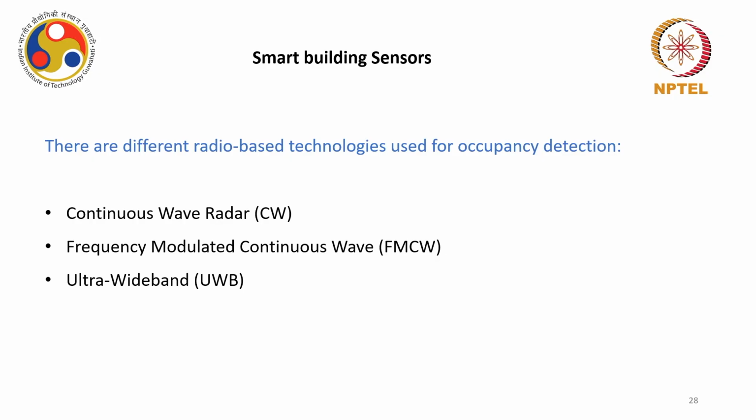There are different radio based technologies used for occupancy detection, particularly in modern days. You have continuous wave radar or CW based devices, frequency modulated continuous wave FMCW based devices, and ultra wideband UWB devices.